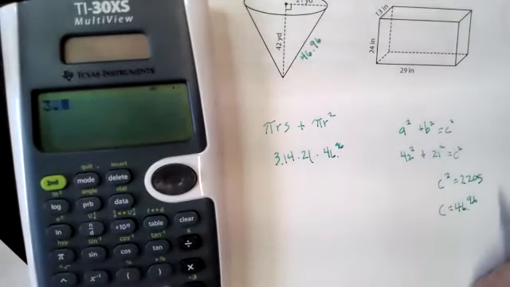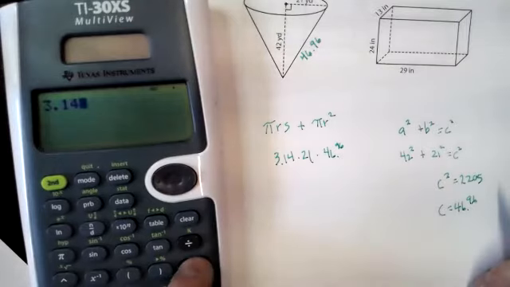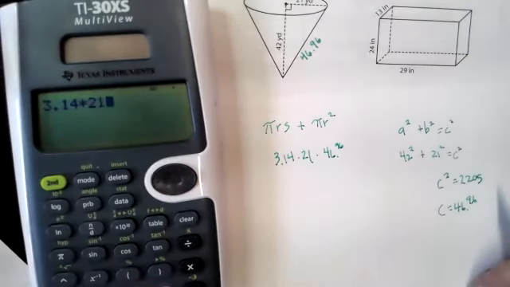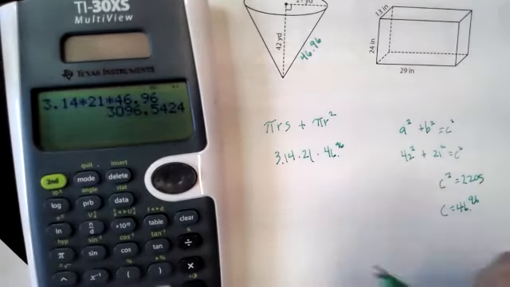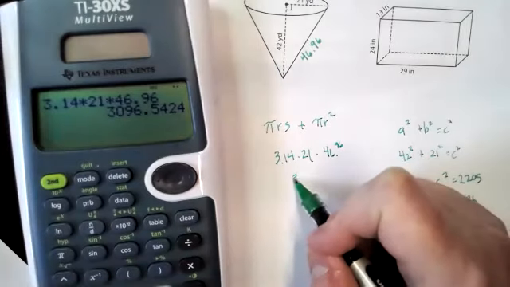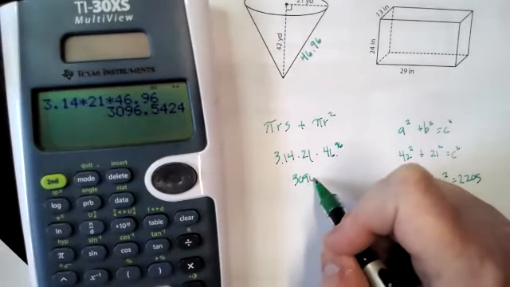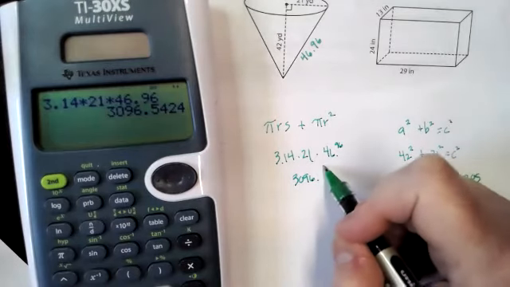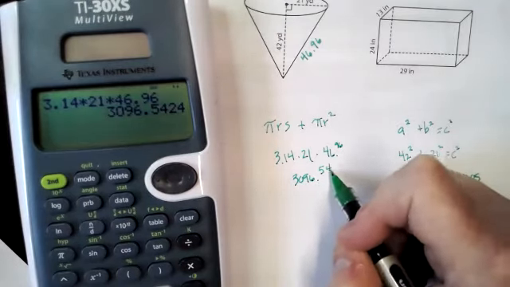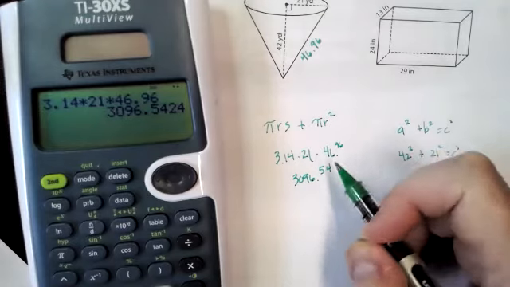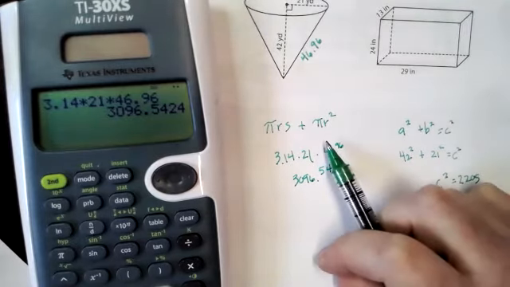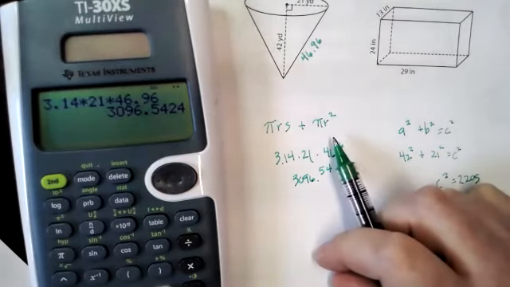So 3.14, that's pi, times 21 is the radius, times 46.96. So our surface area of the cone portion is 3096.54. And we add this to pi radius squared.